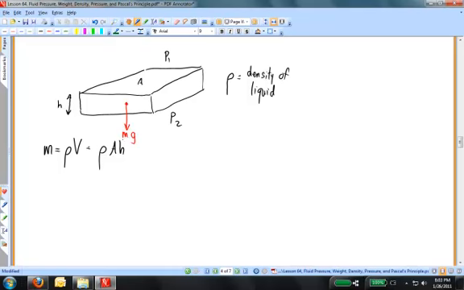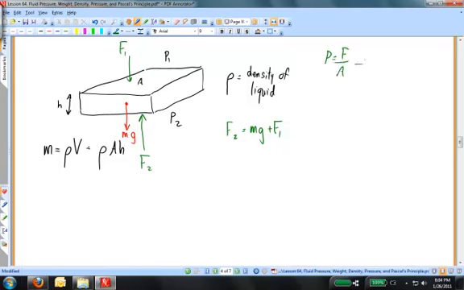There's some force F2 that's supporting the bottom of the fluid, and there's some force F1 that's acting down on the top of the fluid. Well, Newton's second law says that the upward forces must balance the downward forces, so F2 must be equal to mg plus F1.